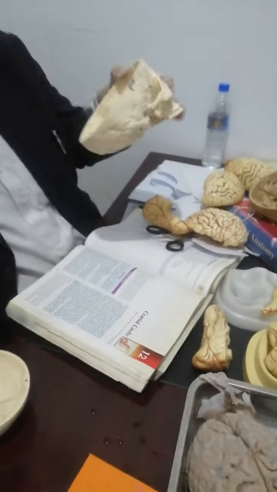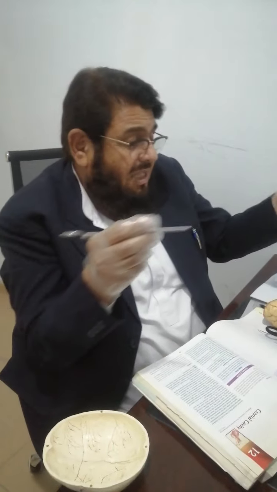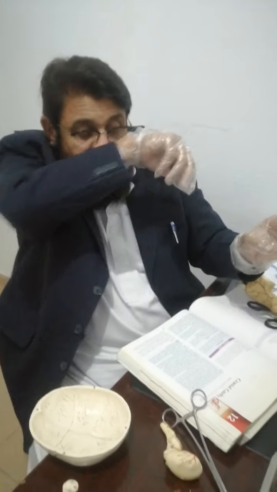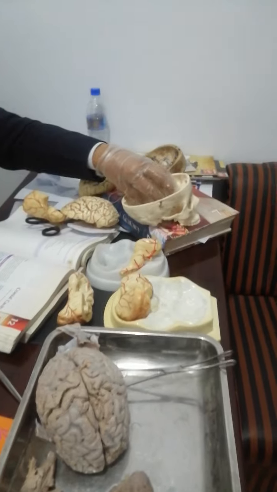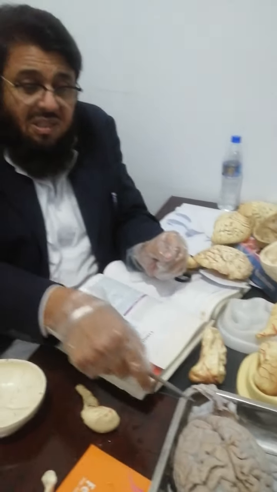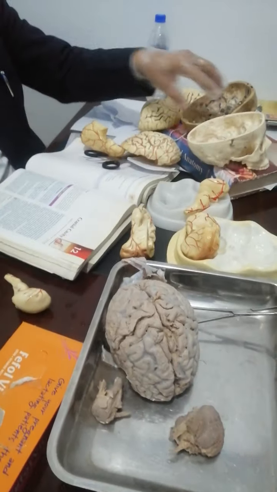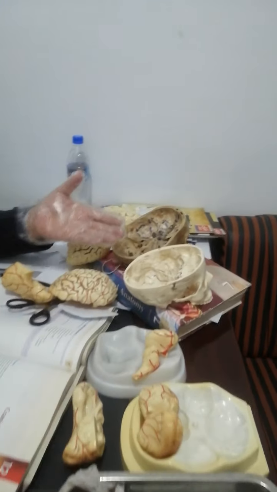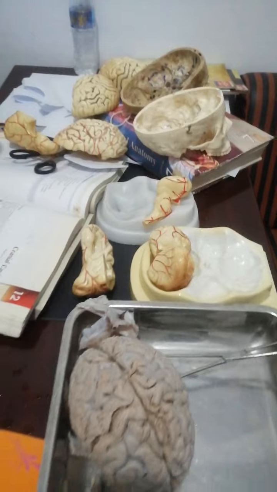These are the few facts which we will teach separately, but to understand the meninges, these were necessary. Now look, this is the hard skull, and this is the soft brain. It lies inside the skull, so with movements of the skull, this brain can be injured.